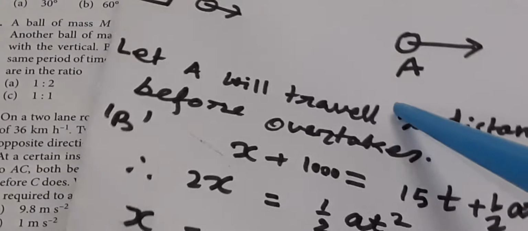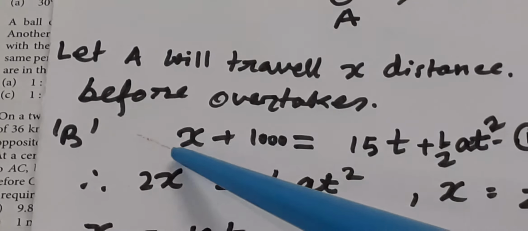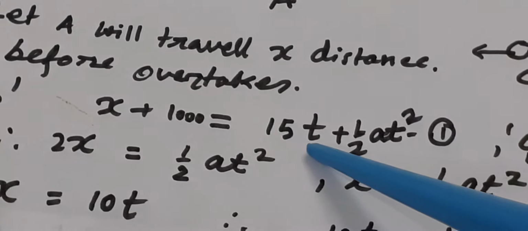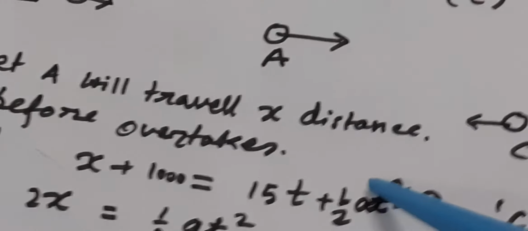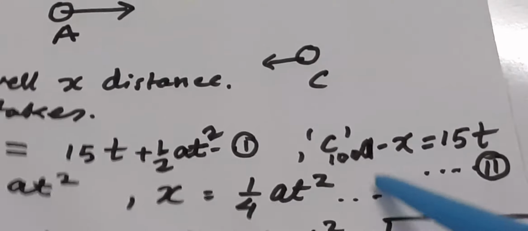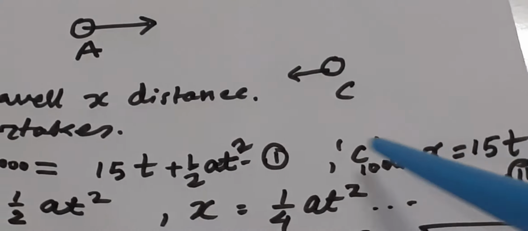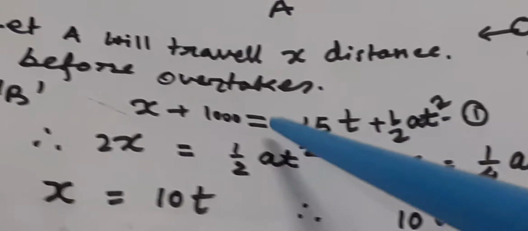Now taking that B has been given acceleration, 1000 plus x equals initial velocity 15 meter per second into time plus half a t square. This is a simple one. Now the equation for car C: 1000 minus x equals 15 into t, as it moves with constant speed. This is another equation.